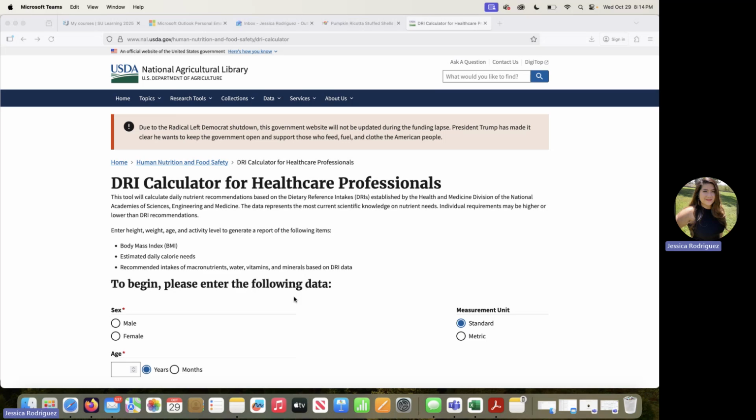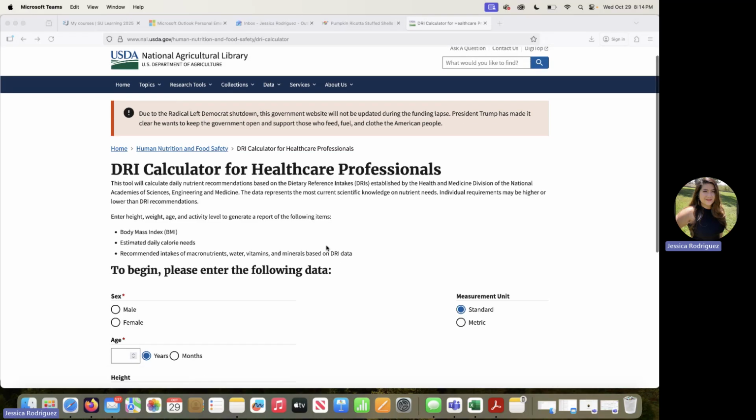So, let me just give you some key points here. What are calories? Calories are units of energy. Our body needs them to perform every function from breathing to baking a cake, okay? And the number of calories each person needs depends on several factors.